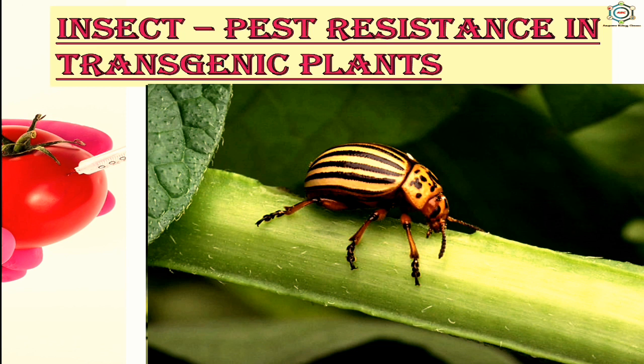Tomatoes with Bt genes are completely protected from an attack of caterpillars. Similarly, genetically modified tobacco with the Bt gene is protected from hornworms. Scientists are busy developing transgenic rice plants resistant to stem borer, leaf borer, and caseworms.